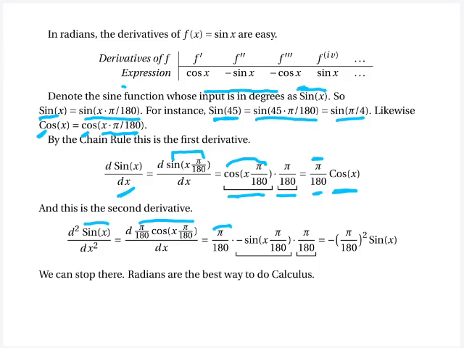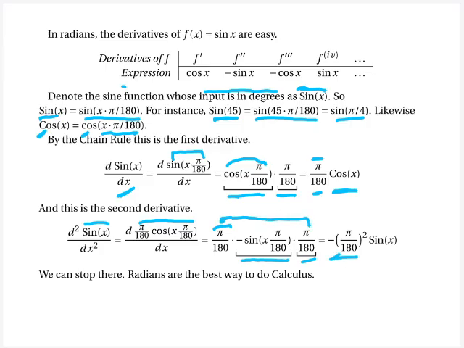Here is the chain rule applied to cosine of x times pi over 180. So it's minus the sine of x times pi over 180, times the derivative of x times pi over 180. So there's a pi over 180. So I see two pi over 180s.